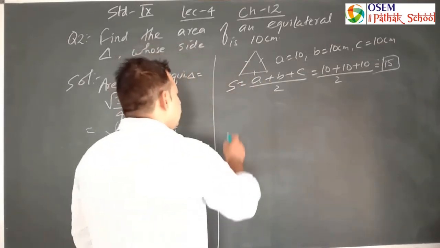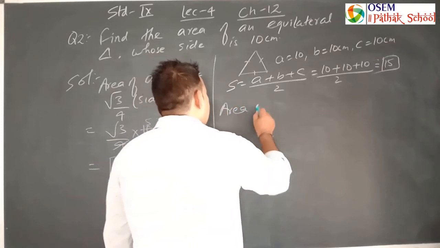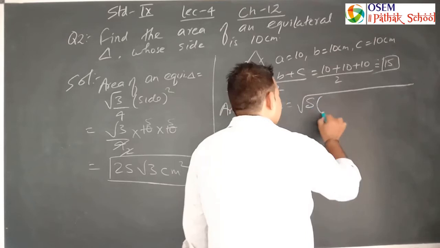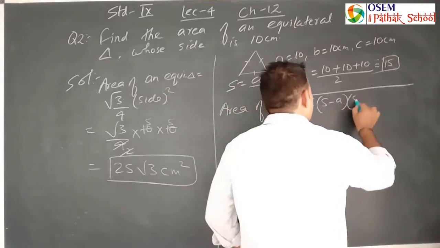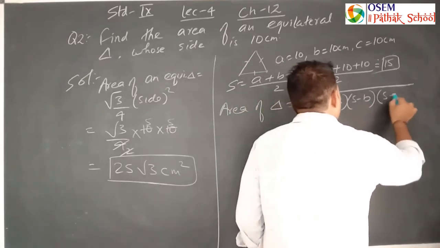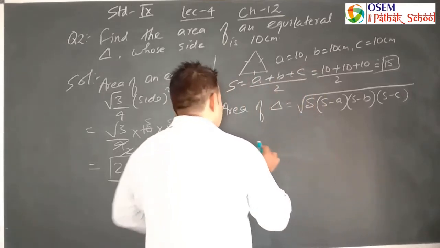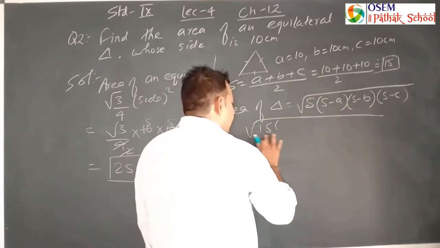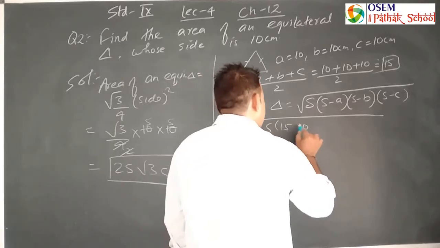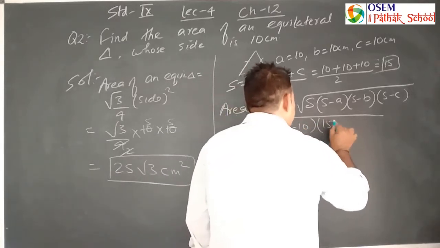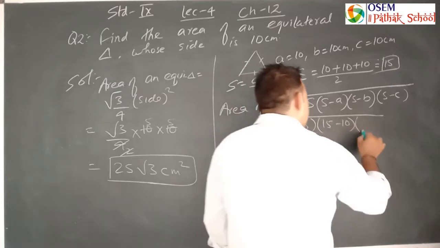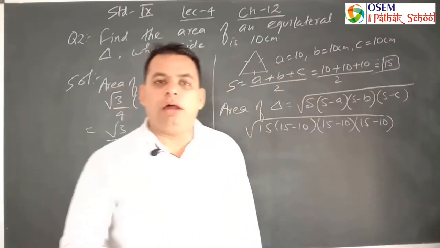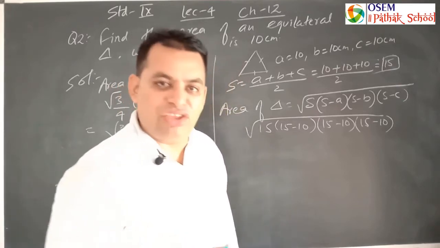Now applying Heron's formula. Area of triangle equals root of S into S minus A, S minus B and S minus C. Here S is given as 15, so 15 minus 10, again 15 minus 10, again 15 minus 10, because A, B and C are all 10 centimeter each.